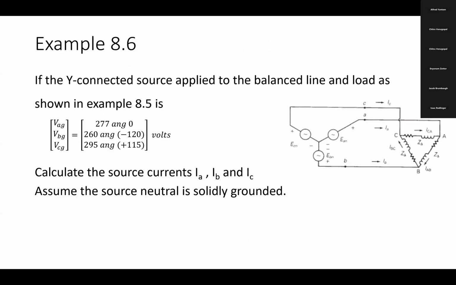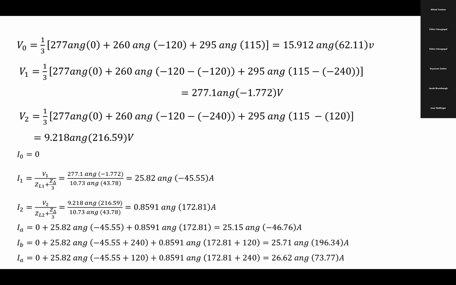The phase voltages are given. Now from this, you have to convert them into sequence voltages. Then only can you calculate the sequence current, and then convert it into phase current. So the first step is phase voltage into sequence voltage. Apply the formula that we talked about last class, and you get V0, V1, V2.